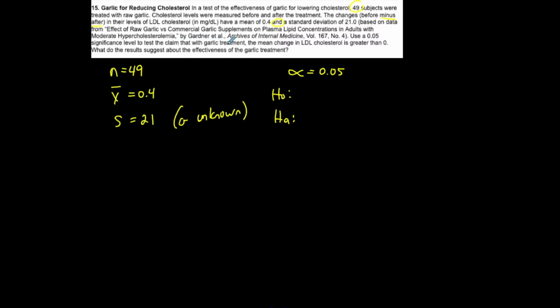With garlic treatment, now you guys have to determine whether it's a proportion or a mean. With garlic treatment, the mean change. This is a hypothesis test about a population mean, mu. The mean change in cholesterol is greater than 0. So the null would be equal to 0. So this is a right-tailed test.